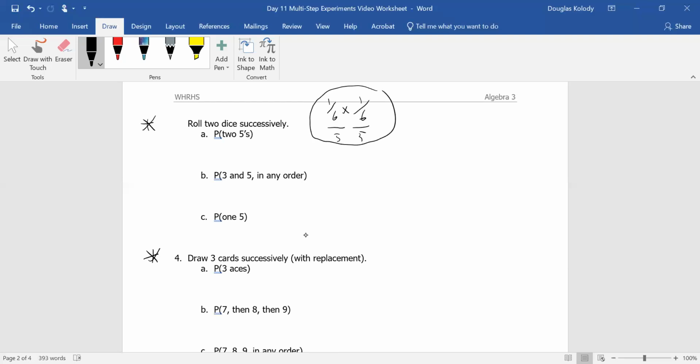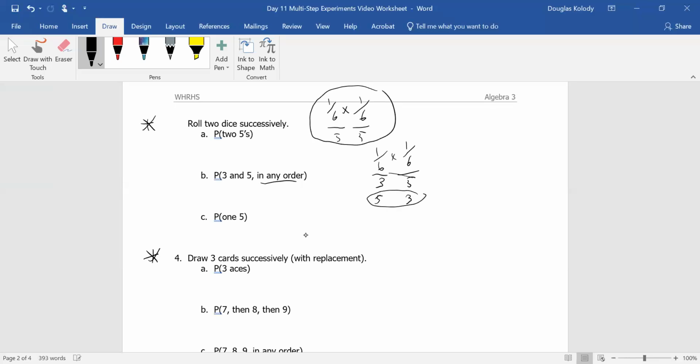Nice. A 3 and a 5 in any order. So let me do dashes here. I could do a 3 and then a 5. So what's the probability of rolling a 3? Well, that's 1 out of 6. 3 is one number out of the 6. Same for 5, 1 out of 6. And I'm going to multiply because it's a 3 and then a 5. But is this the only way to roll a 3 and a 5? No. We could also roll a 5 first and then a 3 second.